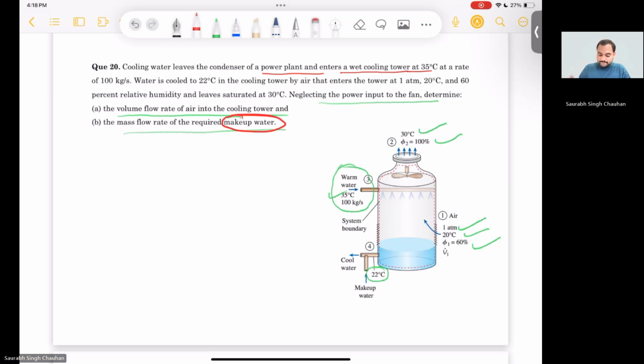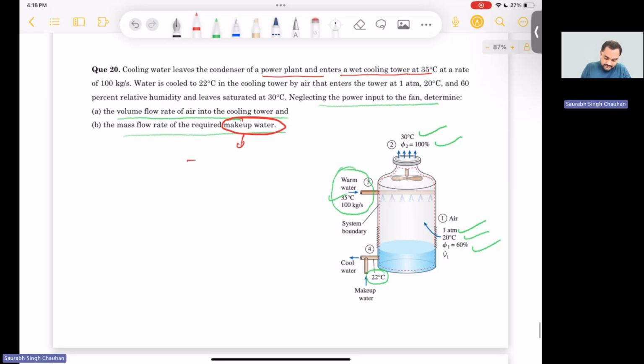Okay, so this will be equal to water to replace, compensate for the evaporated water.